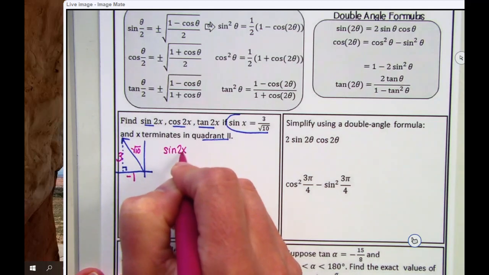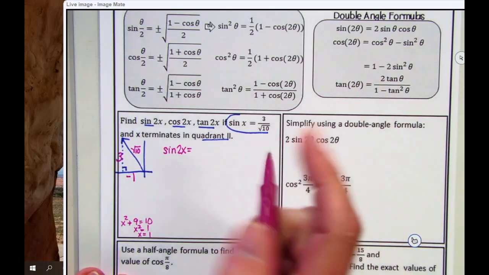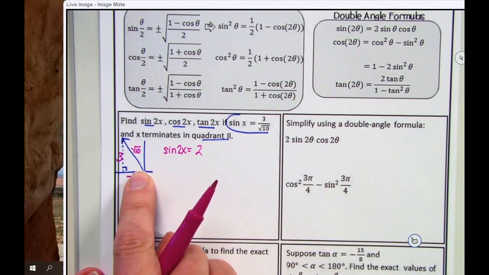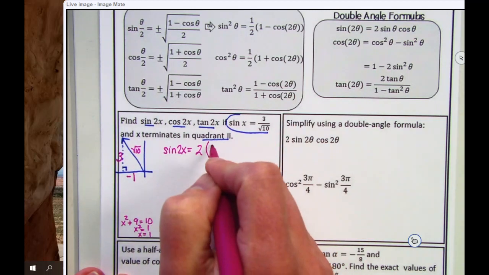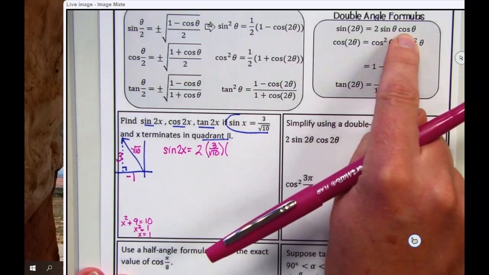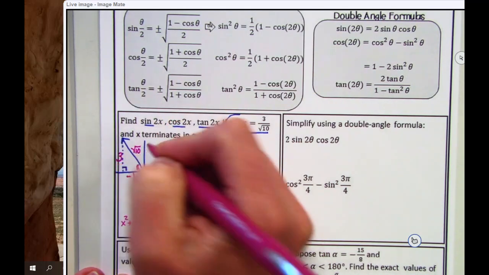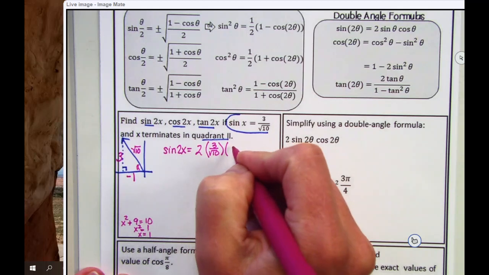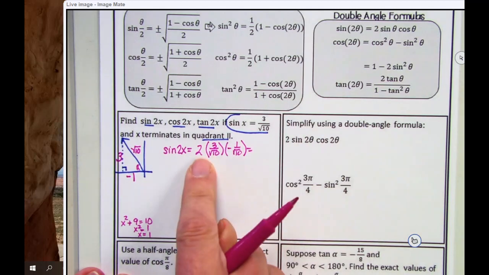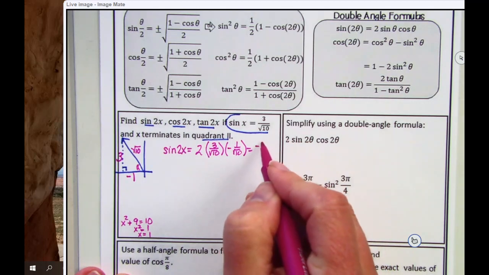Sine of 2x equals 2 times sine of our angle. Sine of our angle is opposite over hypotenuse, 3 over square root of 10, times the cosine. Cosine of our angle is, I should put my angle right here, negative 1 over square root of 10. And now I just need to multiply this all out. 2 times 3 times negative 1 is negative 6.